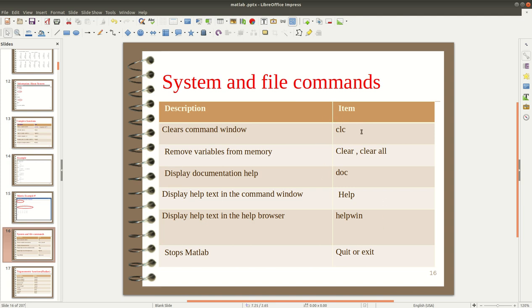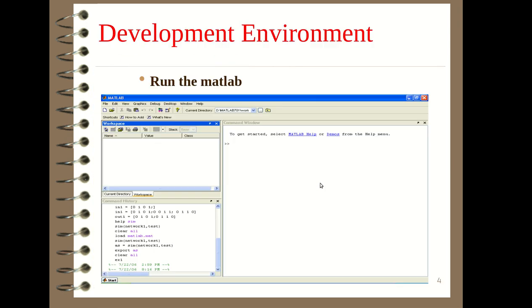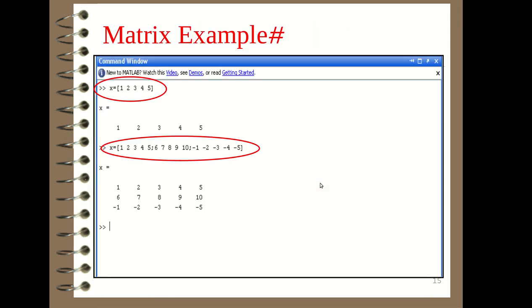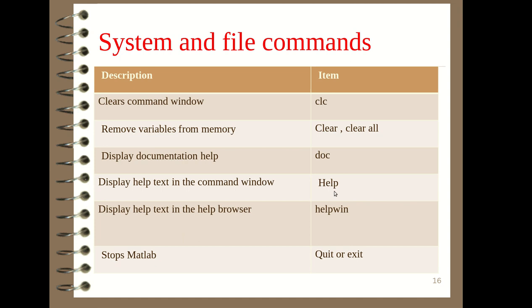First we have this one, CLC. CLC clears the command window. So if I have many lines, as I said before, you can just write CLC and clear the whole command window.